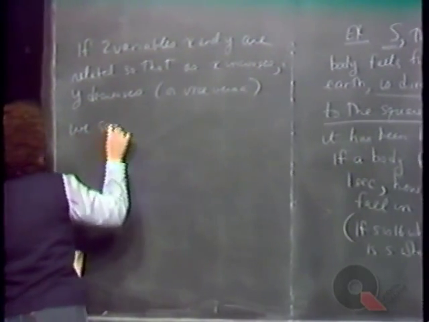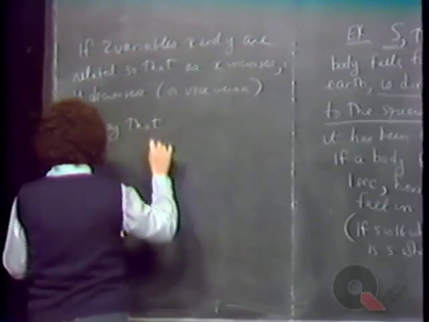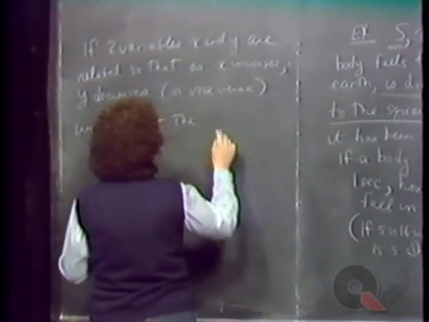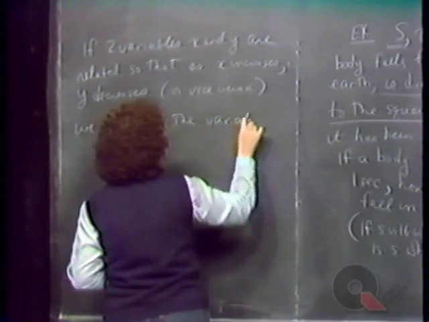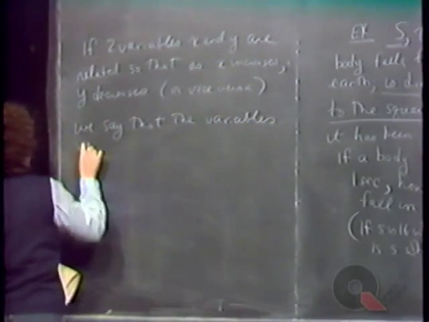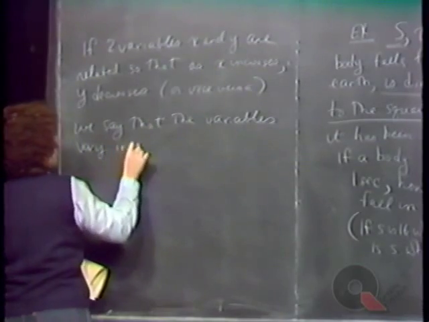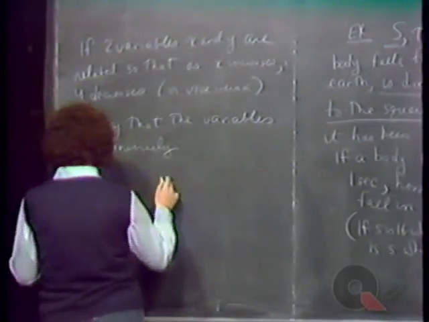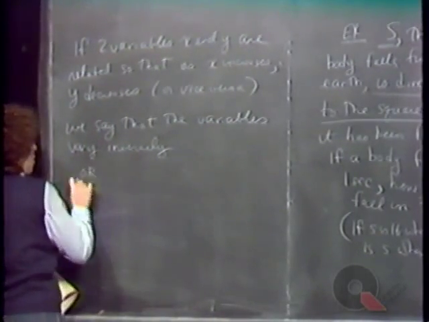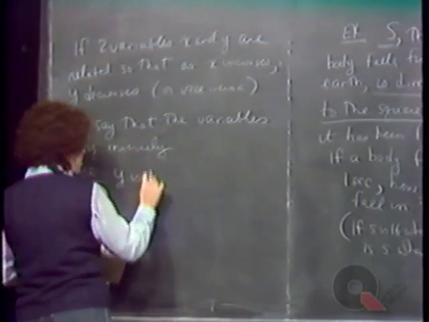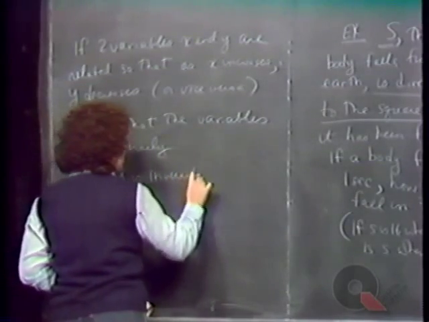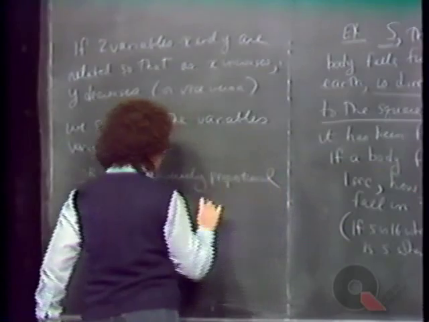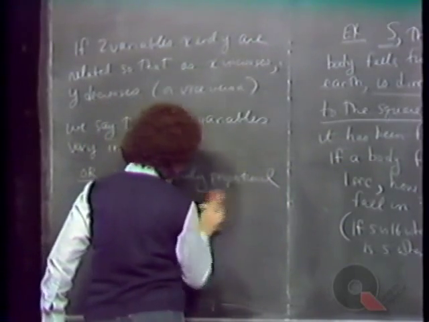We say that the variables vary inversely with each other, or y is inversely proportional to x.